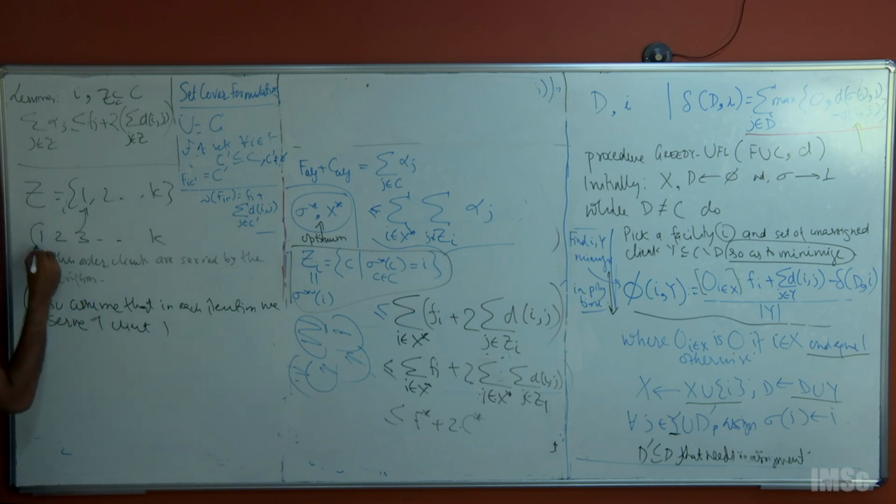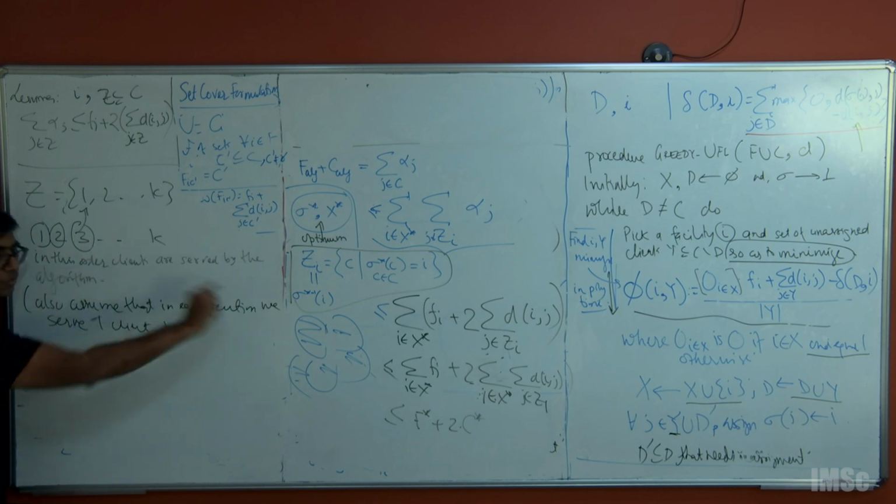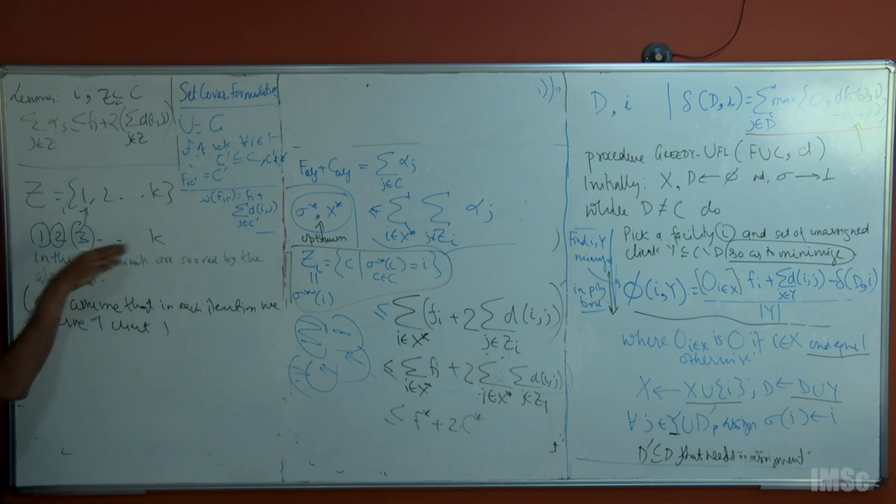I'll say first I served 1, then in some iteration I serve 2, then in some iteration I serve 3, and so on. The algorithm might serve first some subset, then another subset, but I'm not going to do that for now. First, let's assume that each client is served in different iterations, and in this order they are being served. You can reorder them, it doesn't matter.